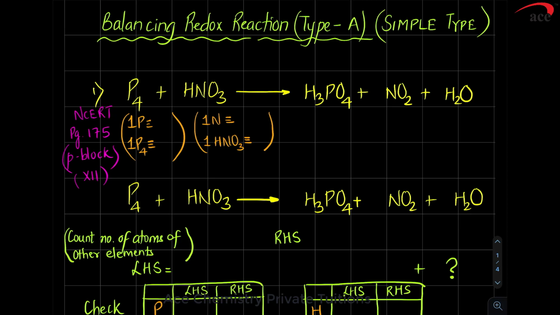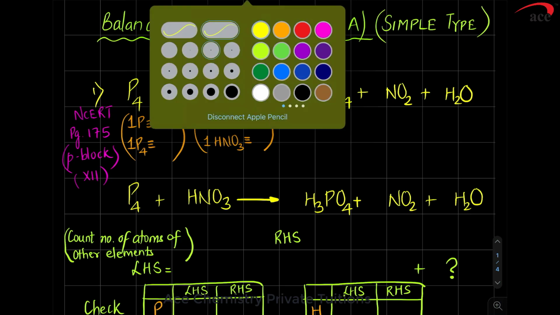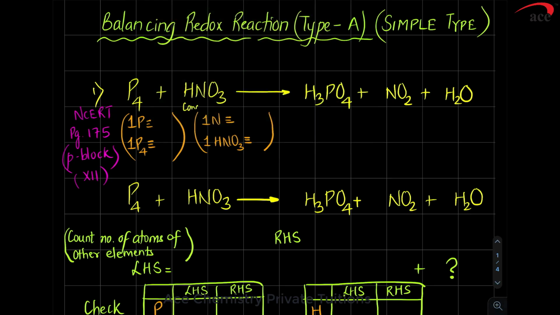When phosphorus is made to react with concentrated nitric acid, phosphorus gets oxidized to phosphoric acid and nitric acid gets reduced to NO2. This is what exactly happens, and this is what we like to balance.